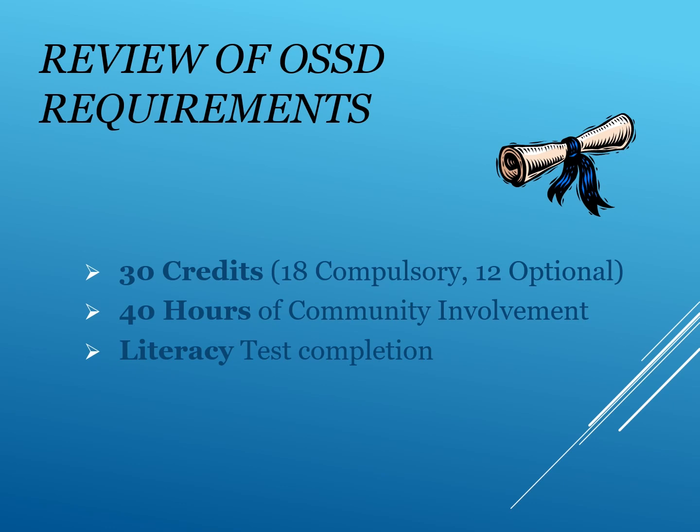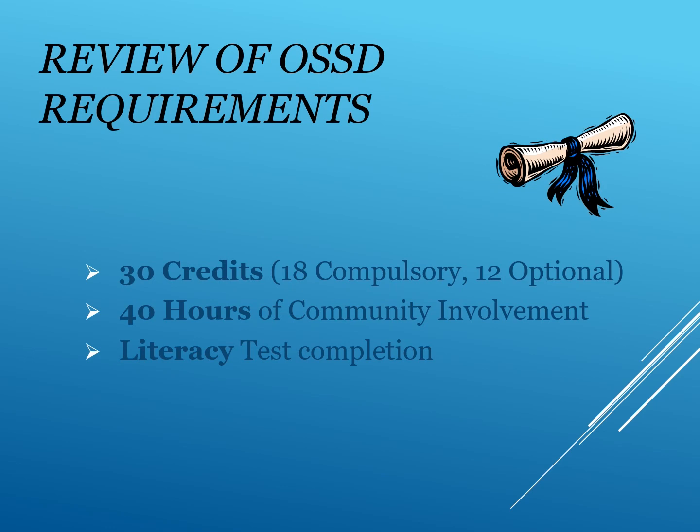Let's review what you need to graduate from high school. To get your diploma, you must complete 30 credits, and of those 30 credits, 18 are compulsory. These compulsories are courses like 1 English in each year, 3 math credits, your civics and careers, your history, your geography.